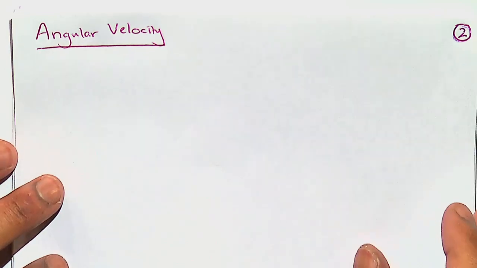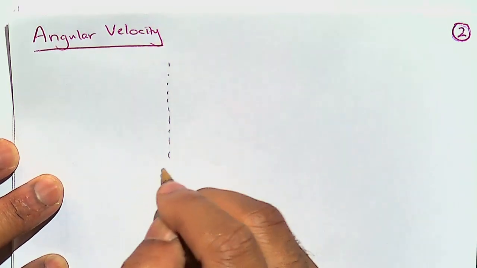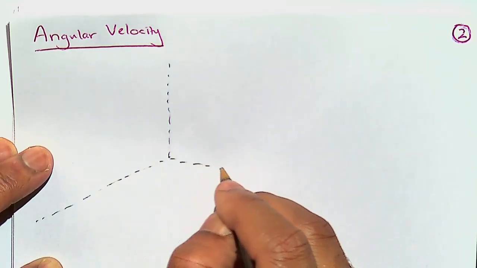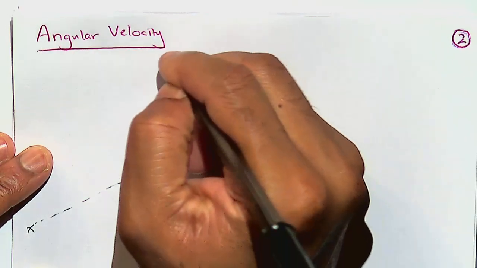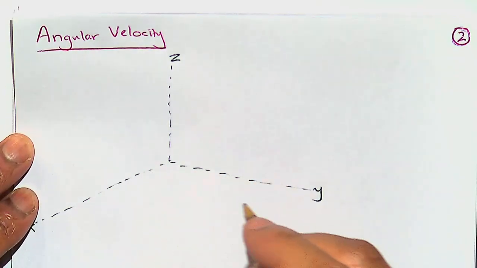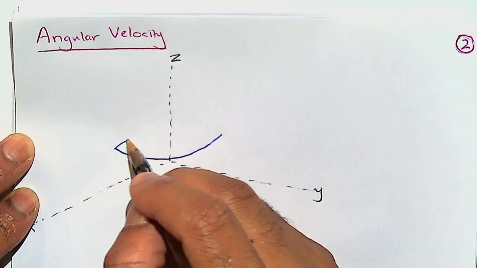Okay, angular velocity. Let's again have a coordinate system, x, y, z. And let's have a disk that's spinning. It could be your record, for instance. Any object really that's spinning. So we'll have this disk.